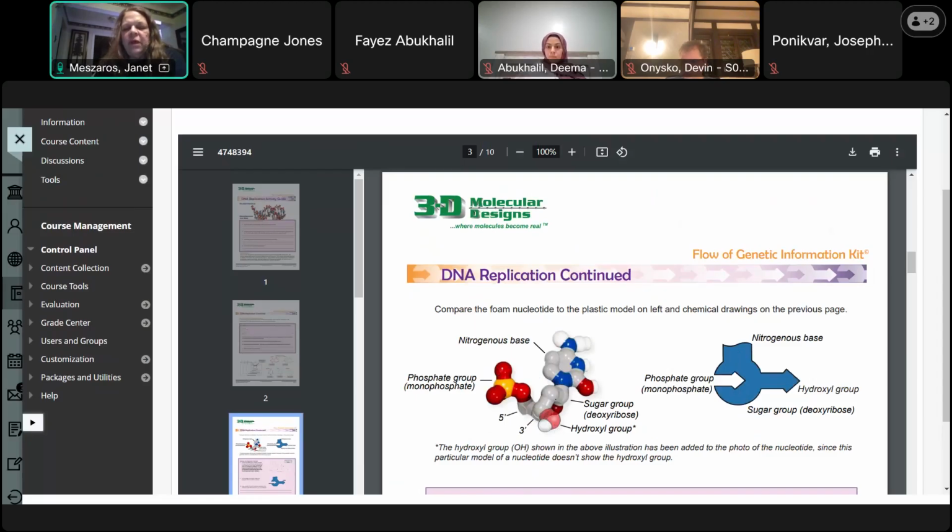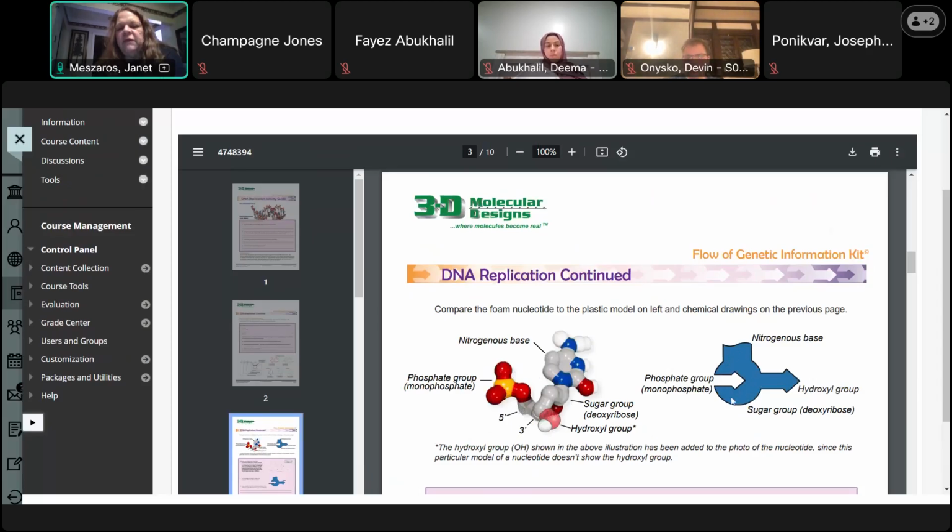It's strange. Okay, so again, where's the sugar in here? Here. Where's the base? Right here at the 1' carbon, right? Which would have been right there. Here's the 3' carbon in the sugar with the hydroxyl. Here's the 5' carbon in the sugar. Here's the phosphate group. Now let's take a look at our foam molecules to orient.